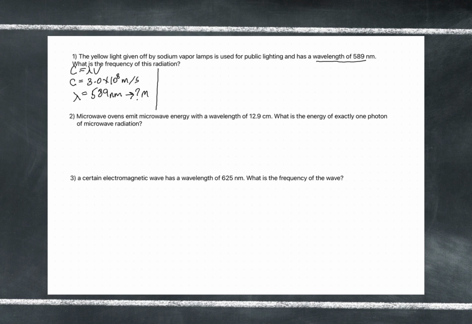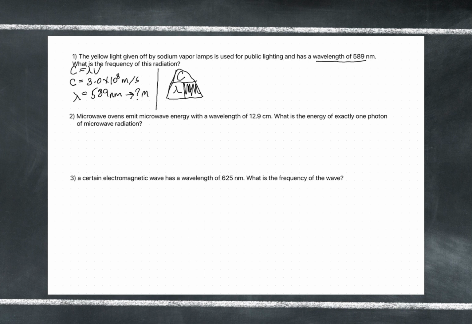So we have our wave triangle, c, lambda, and v. And let's see if I can draw this out good enough. Okay, so we're looking at our triangle, and we are trying to find frequency, which is v, so we're going to cover up frequency.